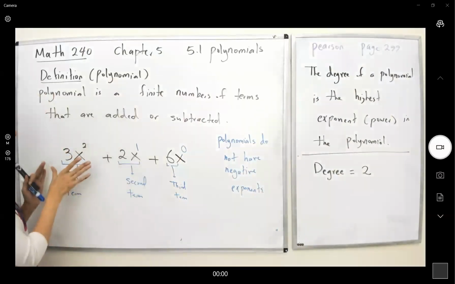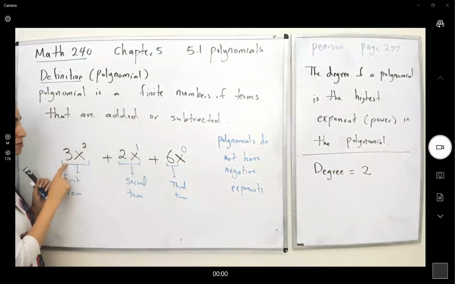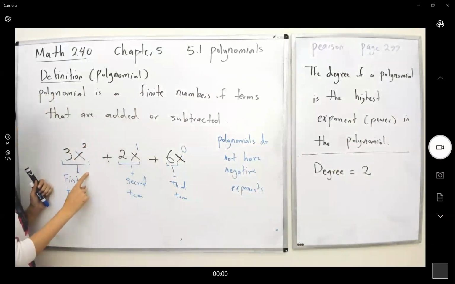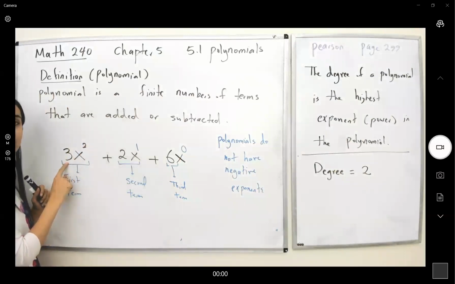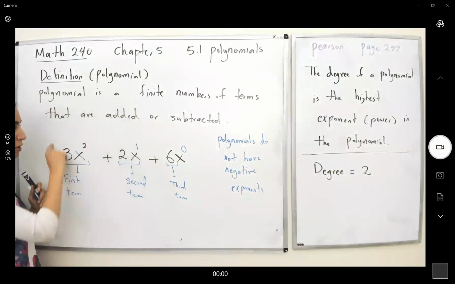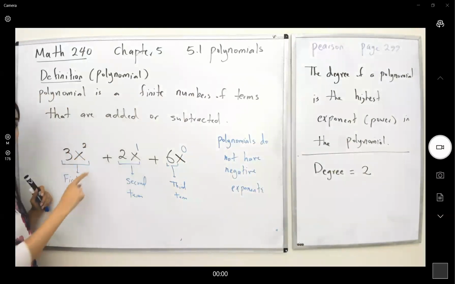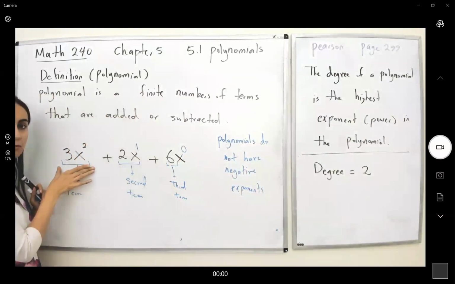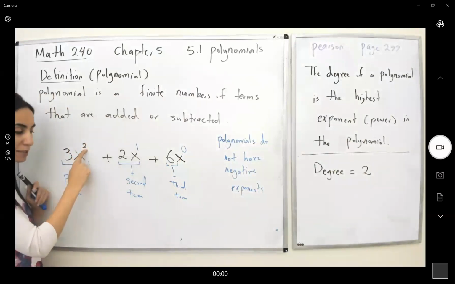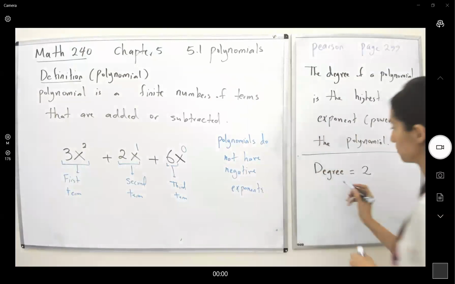Very well. The 3 in the leading term is called the leading coefficient. First of all, why do we call this the leading term? Because this is the term with the highest exponent. So we can write it this way.